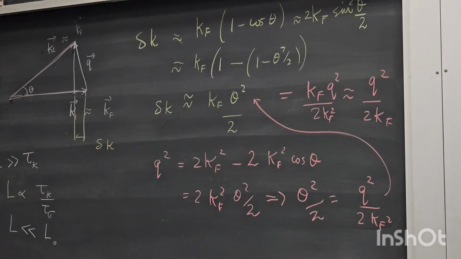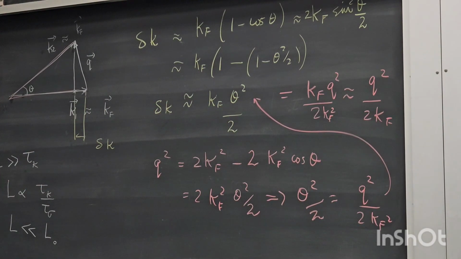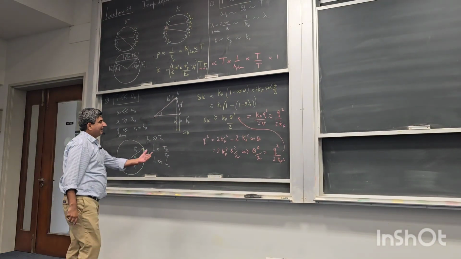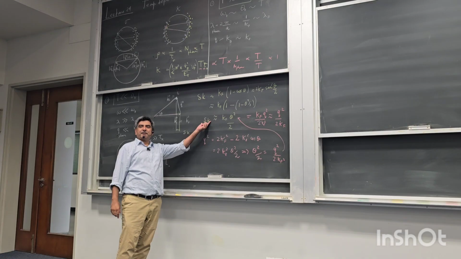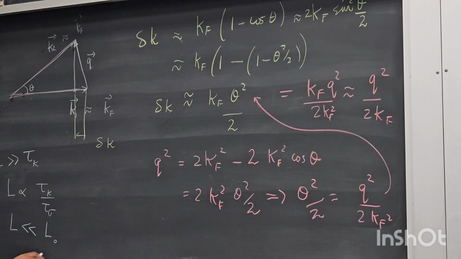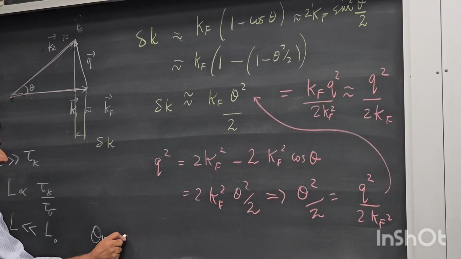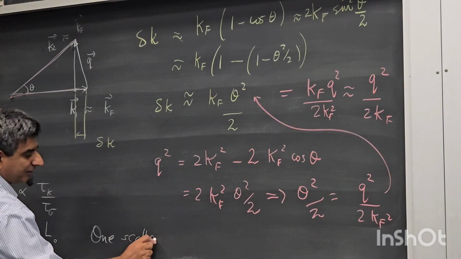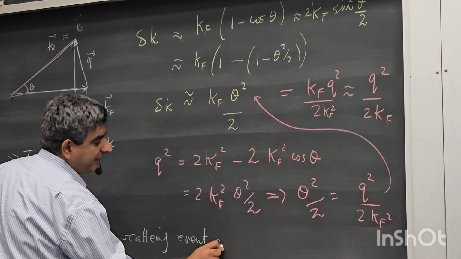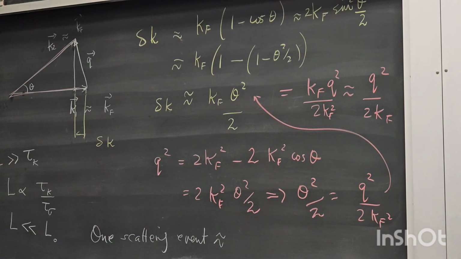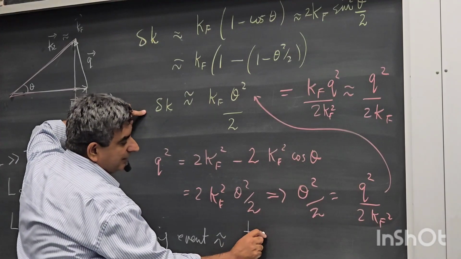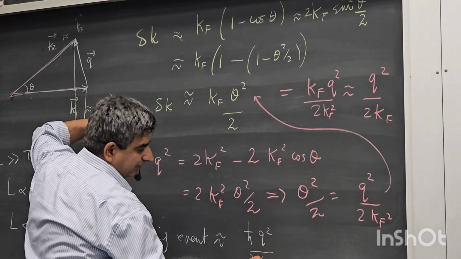So the change in momentum for a single scattering event for the electron at low temperatures is h bar times delta k. So one scattering event of an electron with a phonon affects a change in momentum which is given by h bar delta k, which is h bar q square over 2kf.